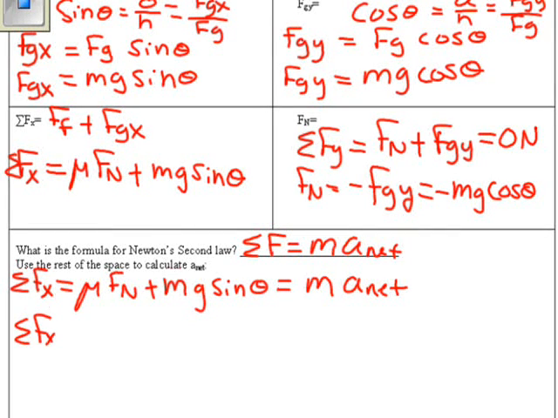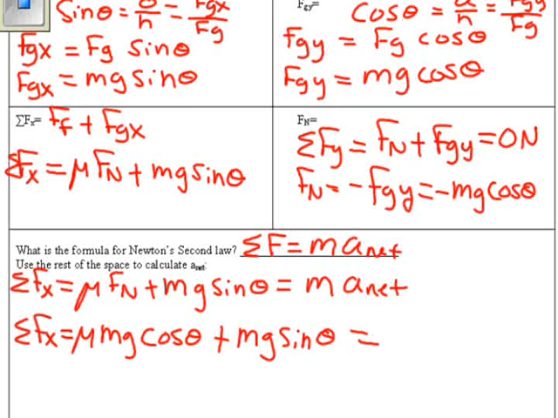Now we know Fn, so we can plug that into the new formula. So now we have mu, the coefficient of friction, times mass, acceleration due to gravity, cosine theta, plus mg sine theta, which comes from Fgx.